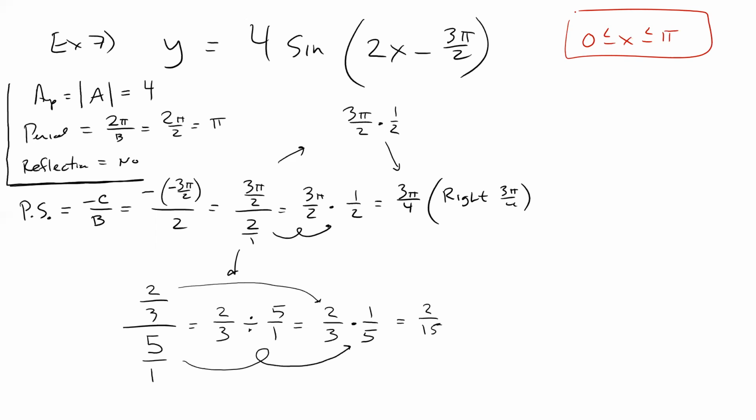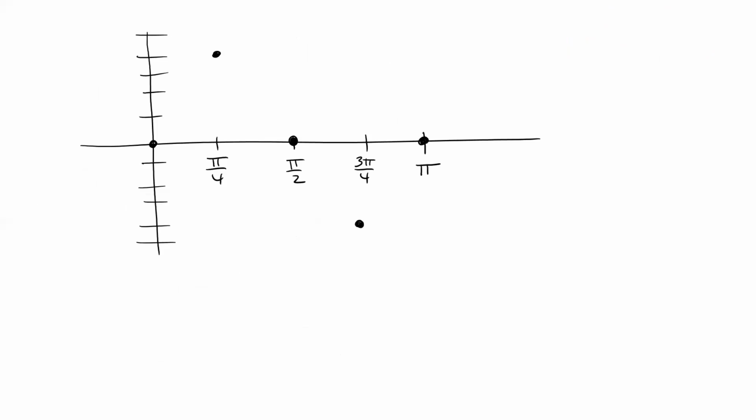Still want to go from 0 to pi. So I still want this window right here. I'm shifting my graph more so, right? Okay, so 3 pi over 4.